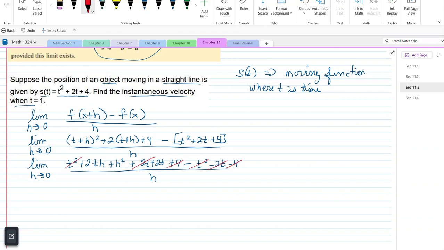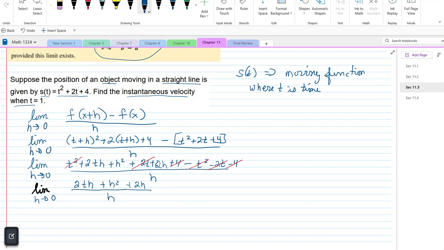So we're left with the following: the limit as h approaches 0 of 2th plus h squared plus 2h, divided by h.